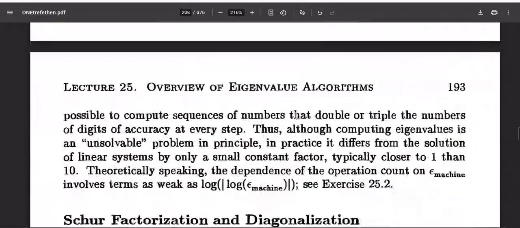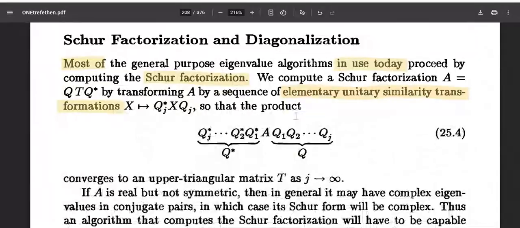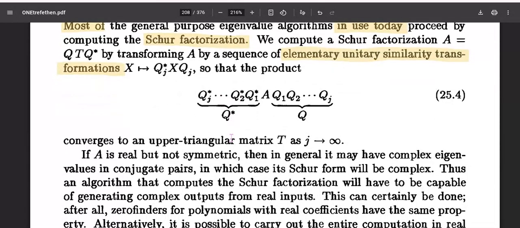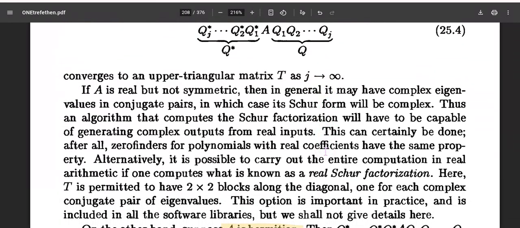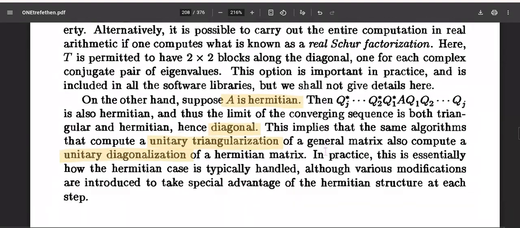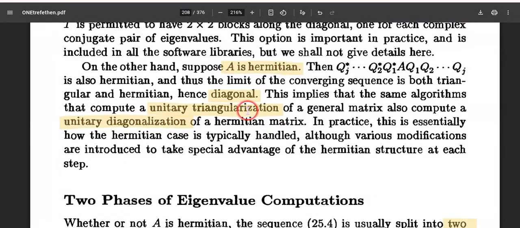We know that this Schur factorization involves a sequence of unitary transformations where A is transformed to an upper triangular matrix as j tends to infinity, and the eigenvalues can be read along the diagonal of the transformed triangular matrix. If it is Hermitian, then it will end up in a diagonal matrix.